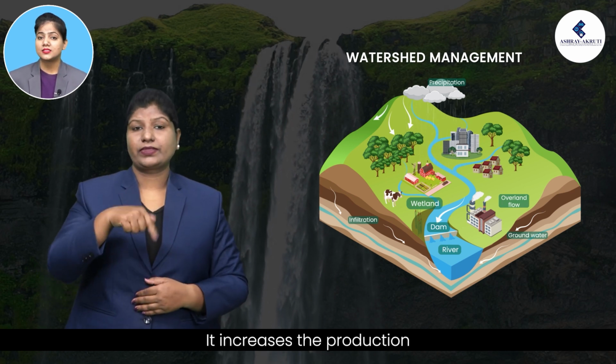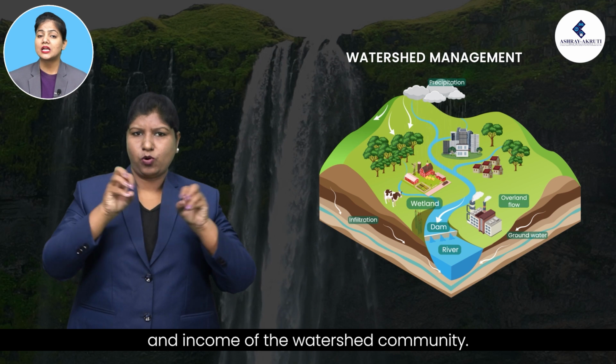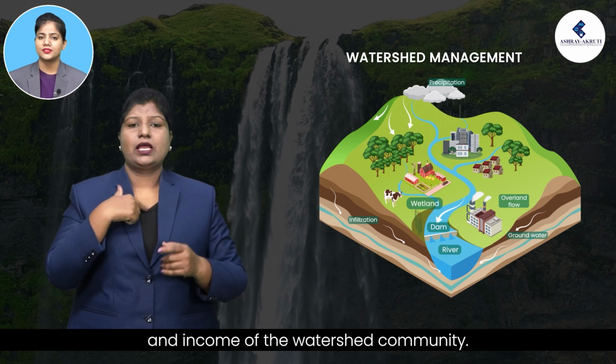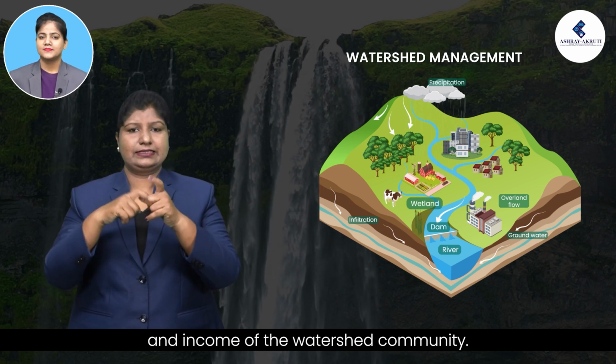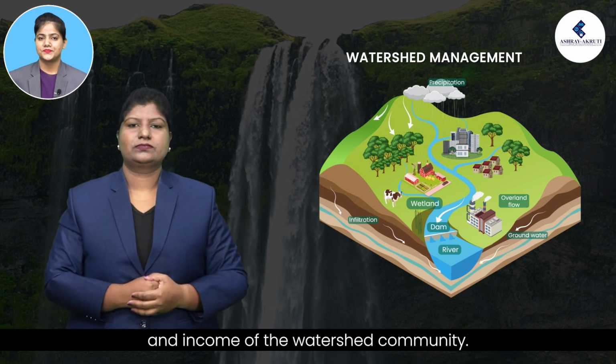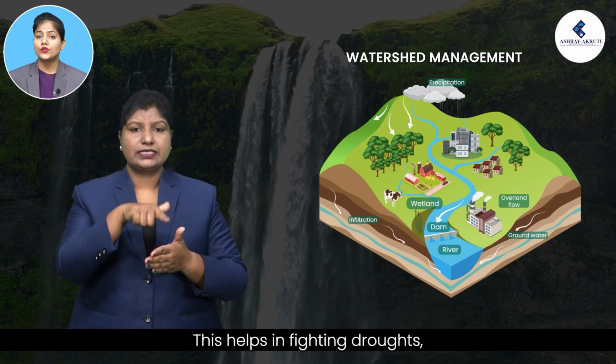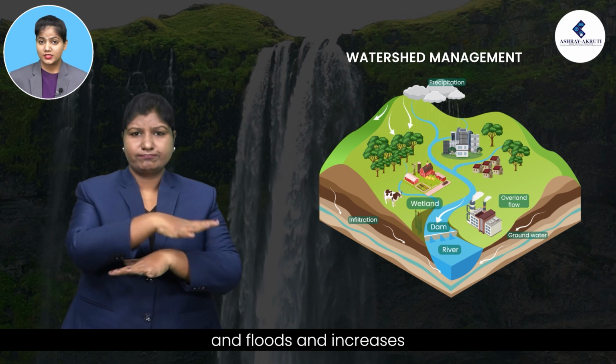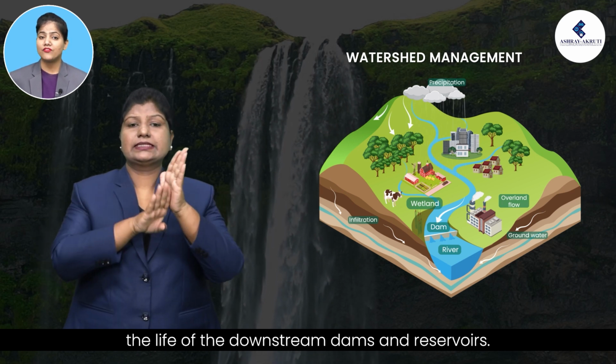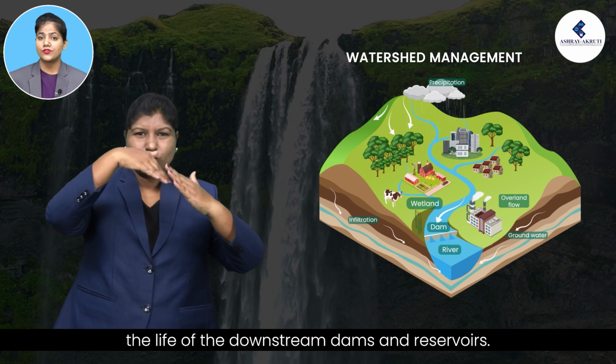It increases the production and income of the watershed community. This helps in fighting droughts and floods and increases the life of the downstream dams and reservoirs.